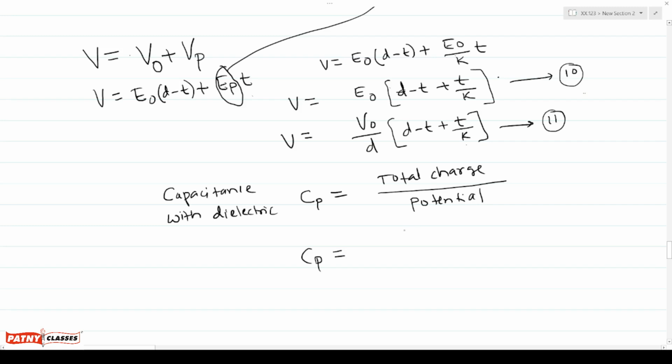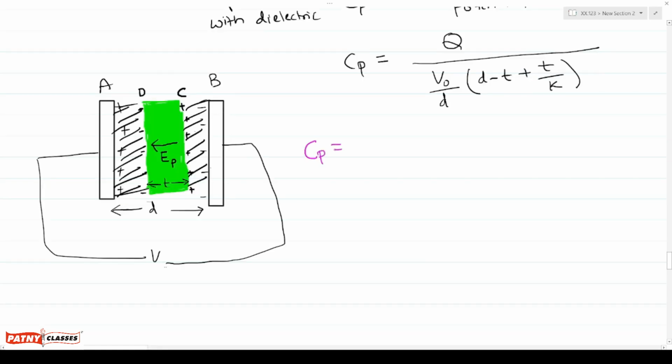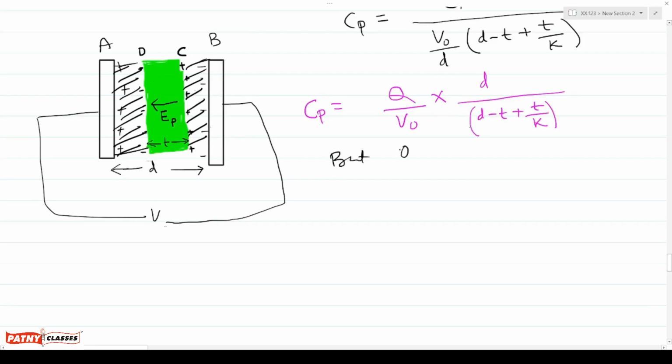So Cp equals total charge Q upon total potential, V naught upon D into D minus T plus T upon K. Therefore, Cp equals Q upon V naught into D divided by D minus T plus T upon K. But Q upon V naught is equal to C naught, which implies Cp equals C naught into D upon D minus T plus T upon K.